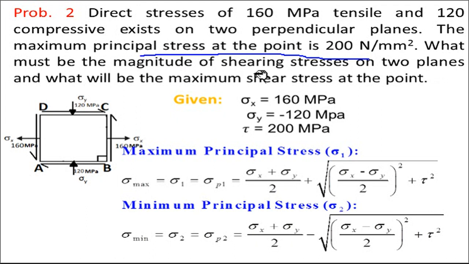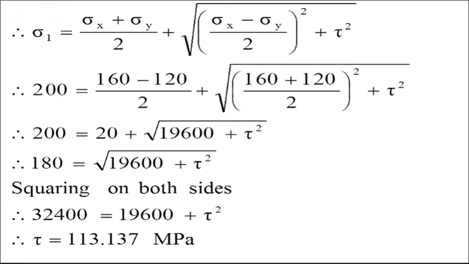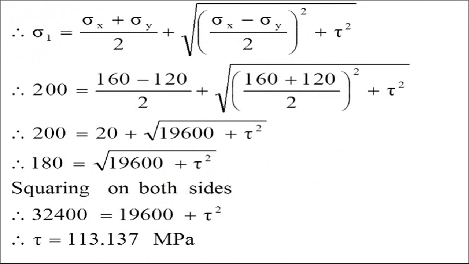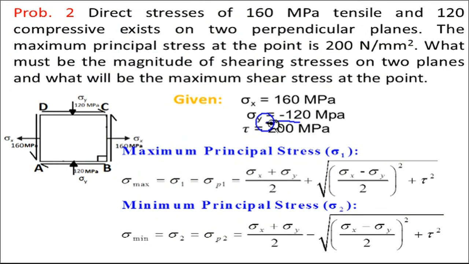What must be the magnitude of the shearing stresses acting on the two planes, and what will be the maximum shear stress at the point? So sigma x is 160, sigma y is minus 120, and what is given here is sigma 1, the maximum principal stress. So here it is not tau.